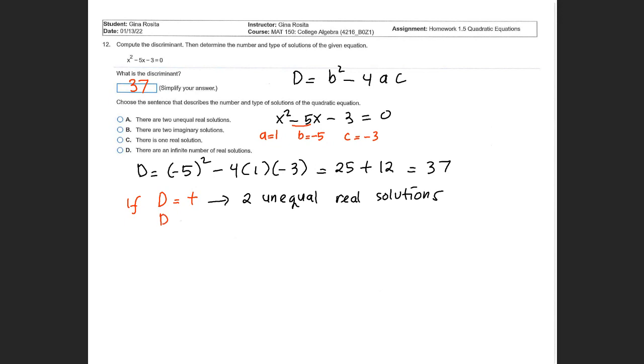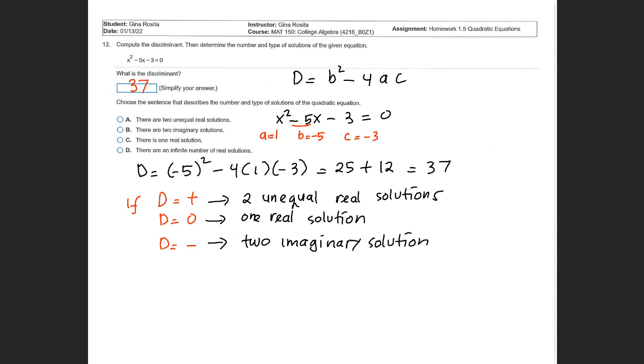Okay, if D equals 0, okay, there is one real solution. Okay, if D is negative, yeah, the answer is a negative number, so there are two imaginary solutions.